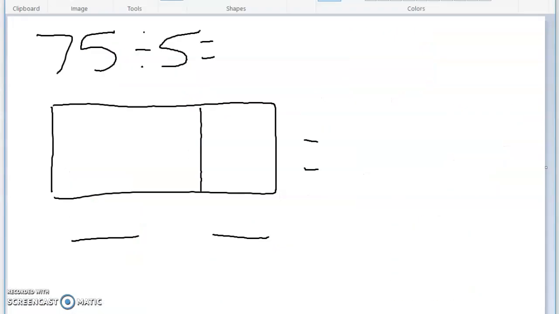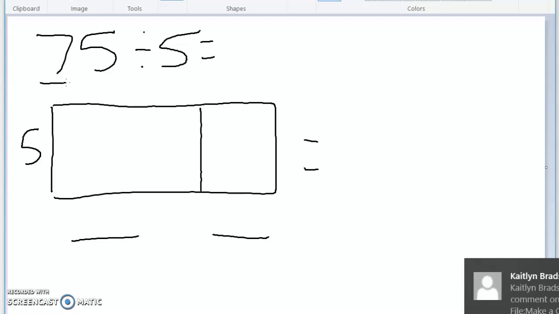Two more examples, sorry. 75 divided by 5. Put the 5 right there. And let's see if we can break up all the 10s. If we do 70 in one box and 5 in the next, that means we have to be able to divide up 70, which we can.